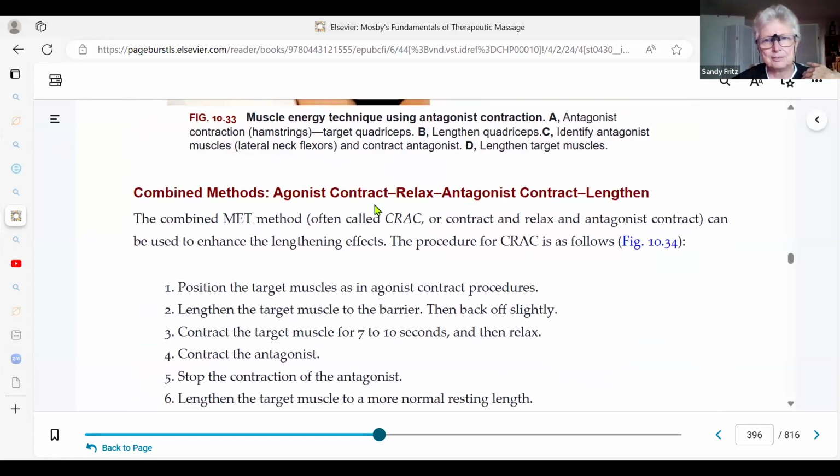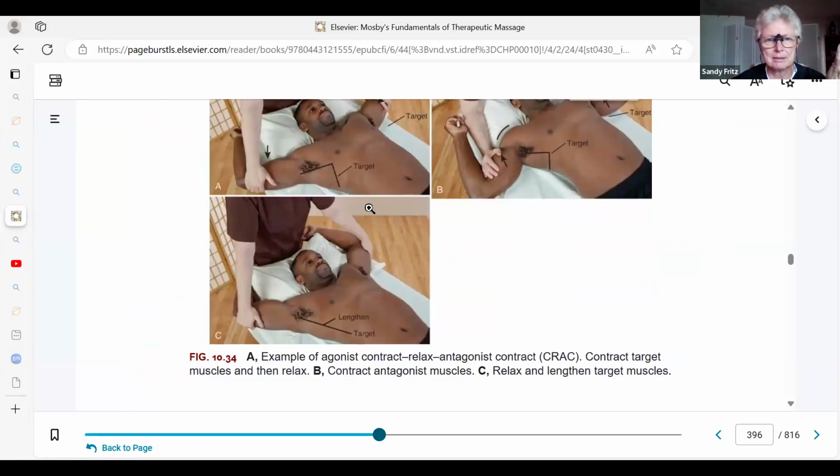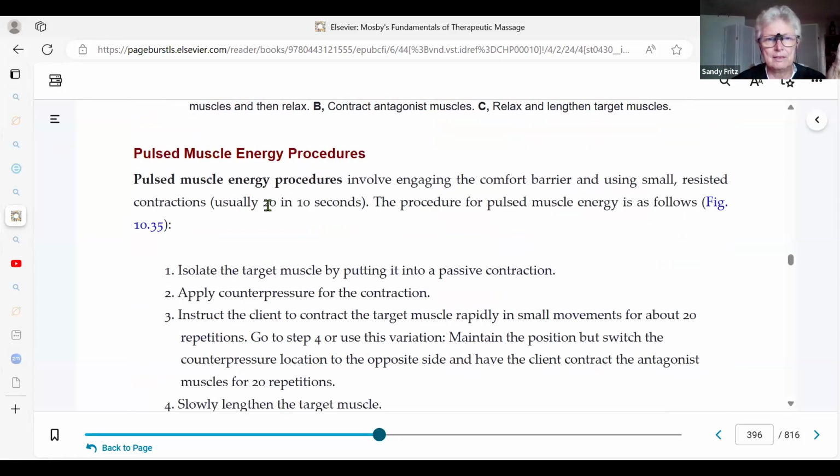So it's really helpful just to combine the methods. And then if the area, you can use pulse muscle energy. It's where you go pulse, pulse, pulse, pulse, pulse.